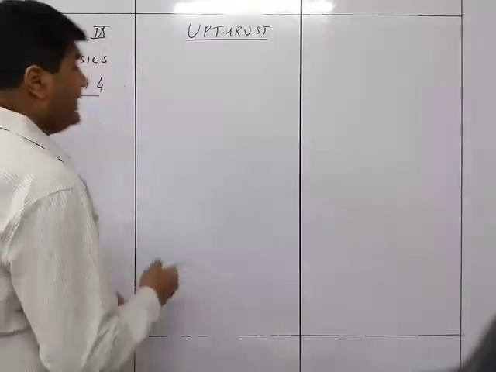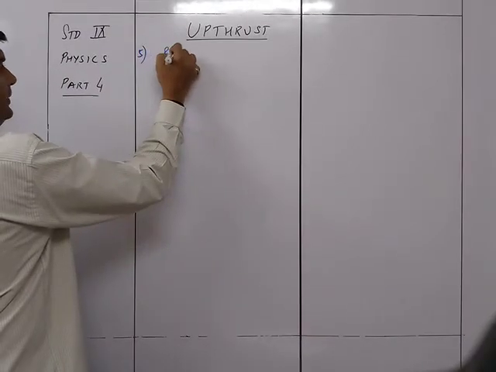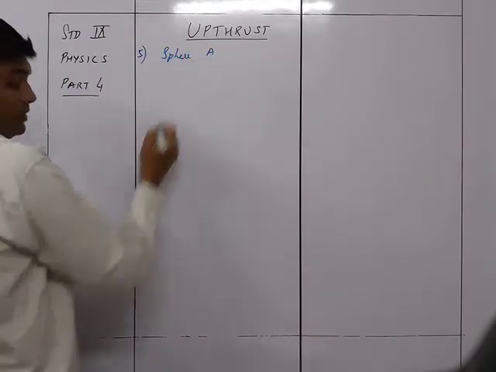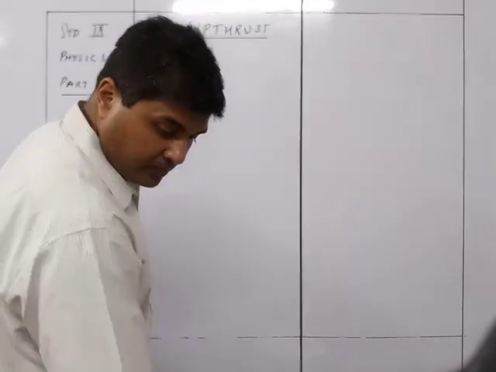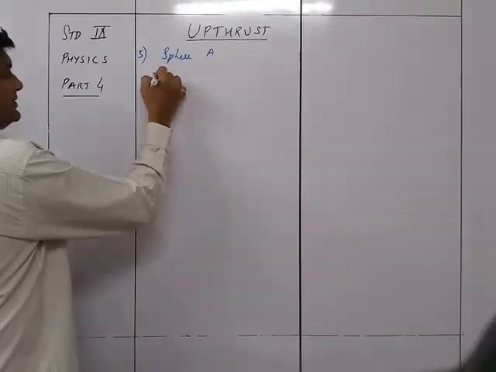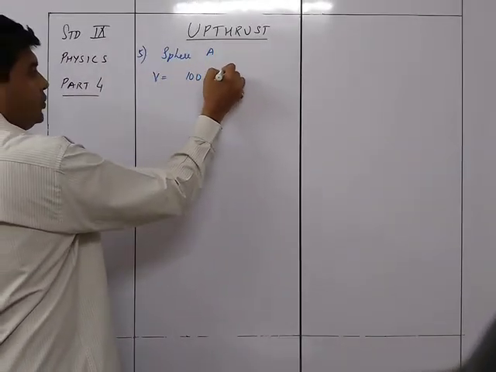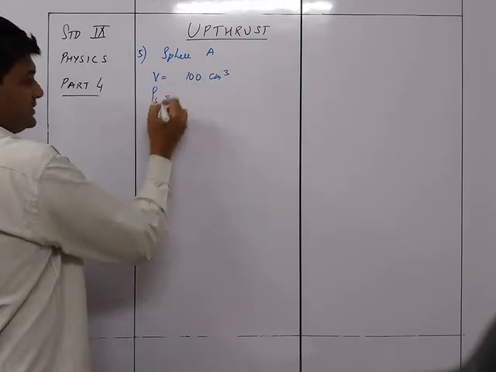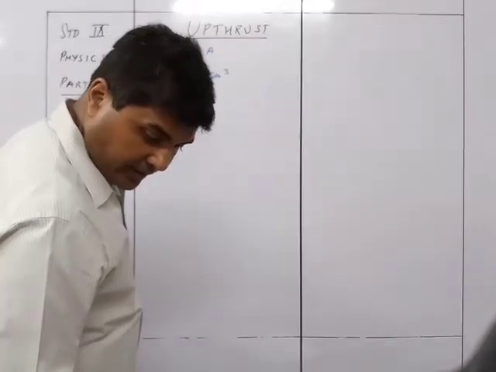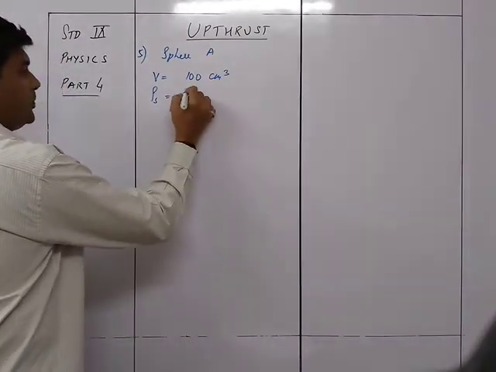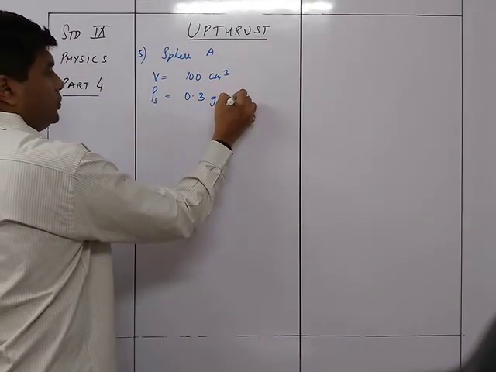So we start with sphere A. They have given us that each volume is equal to 100 centimeter cube. Density rho S is given as 0.3 gram per centimeter cube, as A is made of wood.